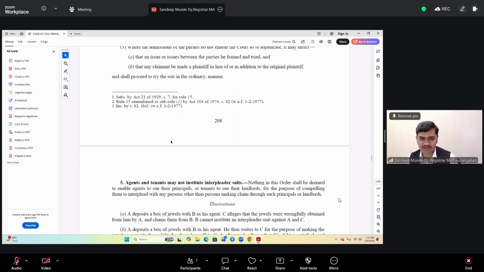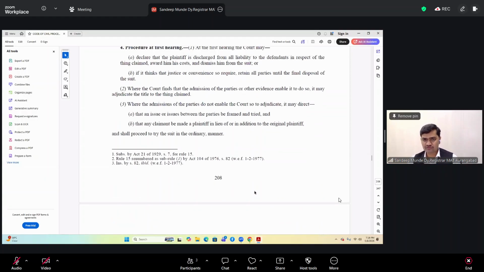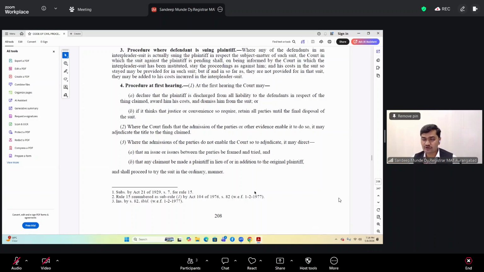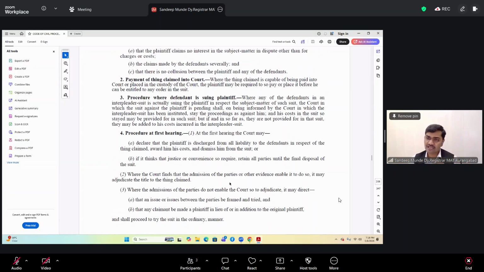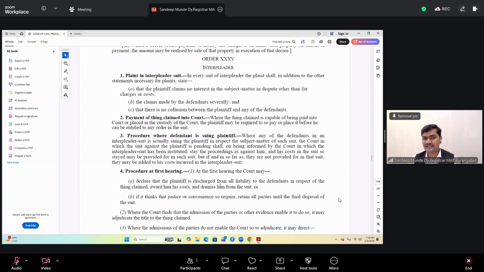Rule 5 states that agents and tenants may not institute interpleader suits. Nothing in this order shall be deemed to enable agents to sue their principals, or tenants to sue their landlords, for the purpose of compelling them to interplead with any persons other than persons making claim through such principals or landlords. So the agent or tenant should not be interested in that property, and no earlier litigation should be pending, to institute the interpleader suit.